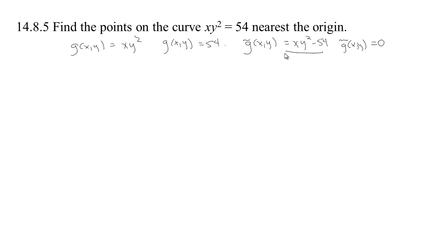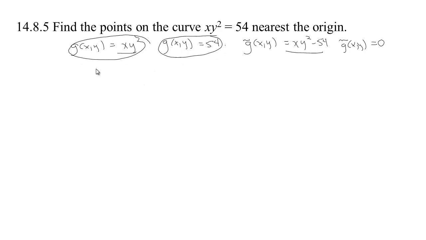Either way, if you use this for g or you use that for g, the only difference is a constant, and so the gradient of g and the gradient of g tilde are the same. It doesn't matter if you use xy squared or xy squared minus 54. The only difference is whether you have a non-zero constant on the right hand side or 0 on the right hand side. Anyway, we've got our constraint function, and so we know that g of xy is equal to 54.